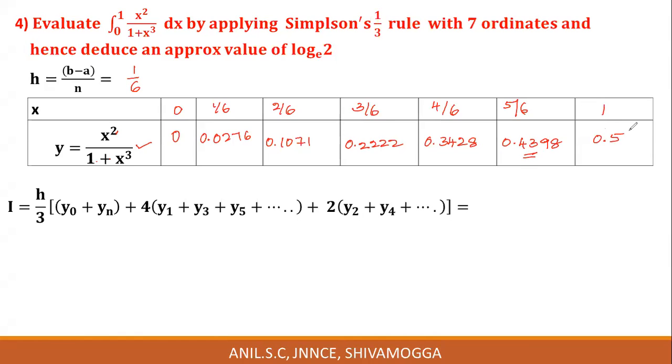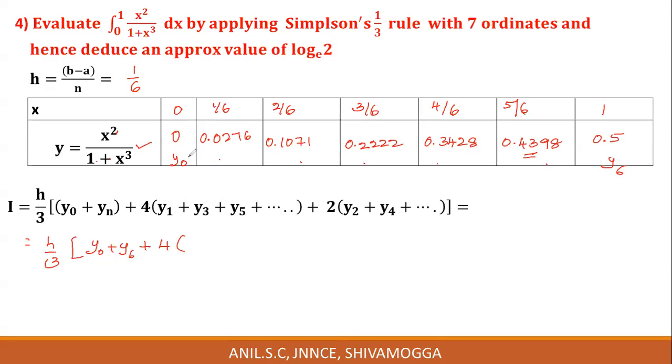Now we use Simpson's 1/3 rule, which is given by h by 3 into y0 plus yn. This is y0, y1, y2, y3, y4, y5, y6. y0 plus yn is y6, plus 4 times the odd numbered ordinates.